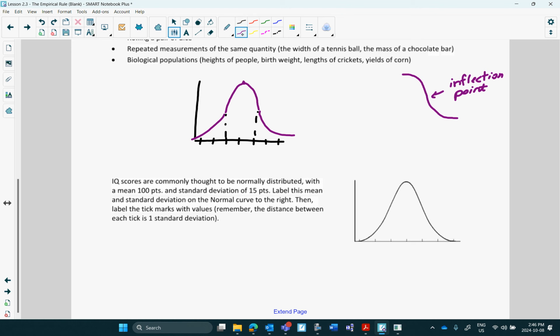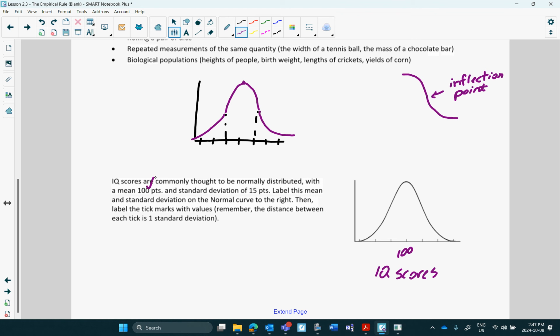So the first thing, make sure you guys don't miss this. Get a label. In this case, it's IQ scores or scores. Now, we've already talked about this. At what notch would you put the mean? The 4th one, in line with the peak. So this is going to be 100.